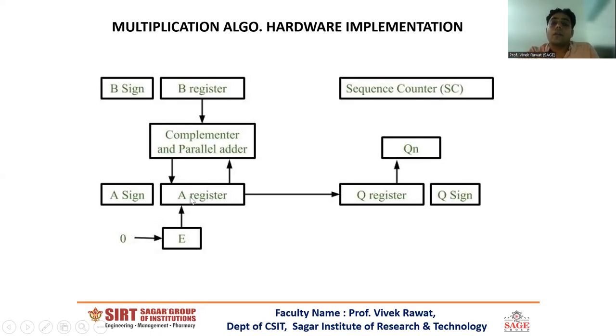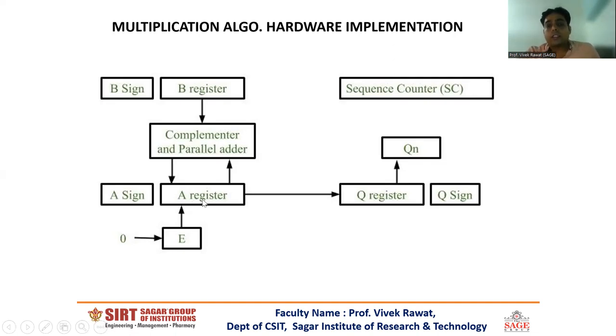The A register does the process for B and Q registers and generates the result. So the accumulator is a type of register used to perform all the processes of the ALU.